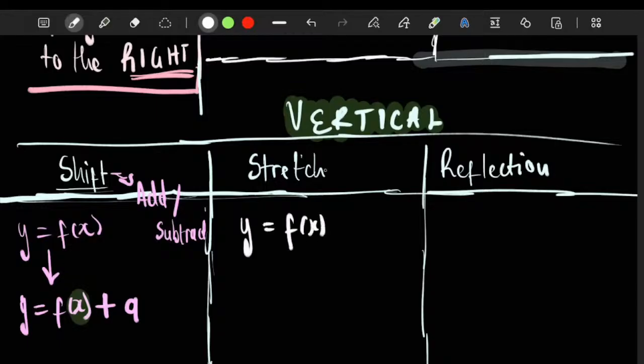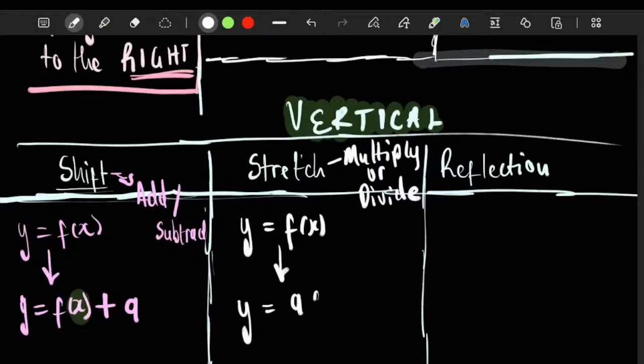For stretch, remember, you multiply or divide by a constant, right? So if this was the original one, after a stretch, you'd have y is equal to a times f of x. So we have multiplied the whole function by a value. Everything that was in the function, including the things that we're adding, has been multiplied.